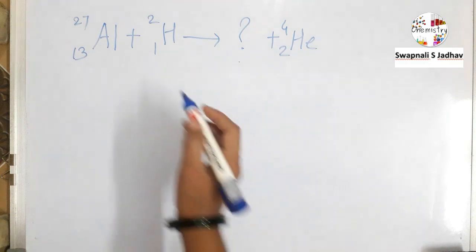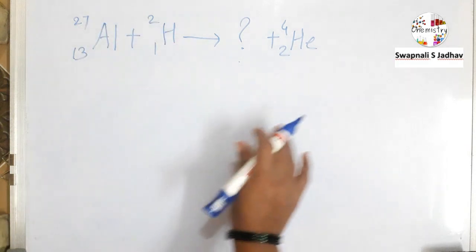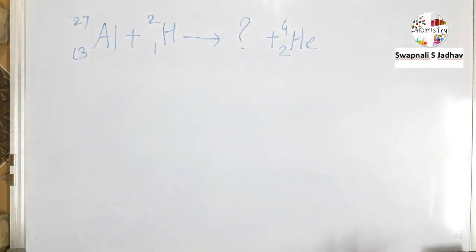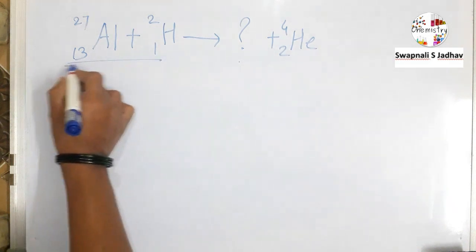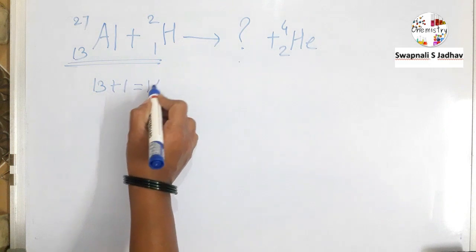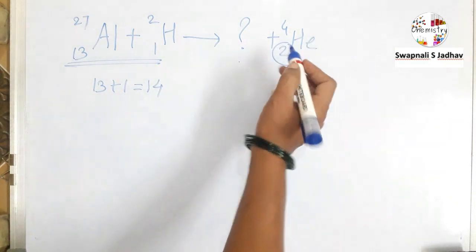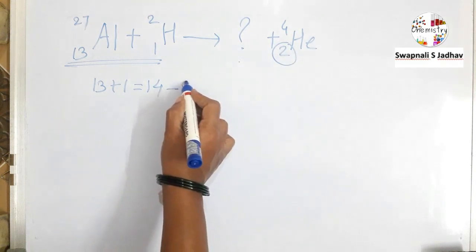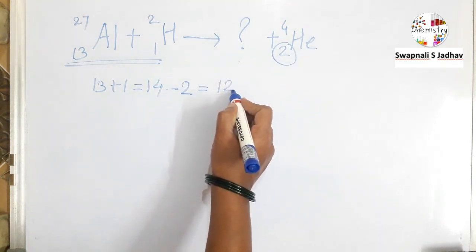So you know that the sum of atomic numbers and mass numbers on both sides of the equation are the same. Here the atomic numbers are 13 plus 1 is equal to 14. Here the atomic number is already 2, therefore 14 minus 2 is equal to 12.